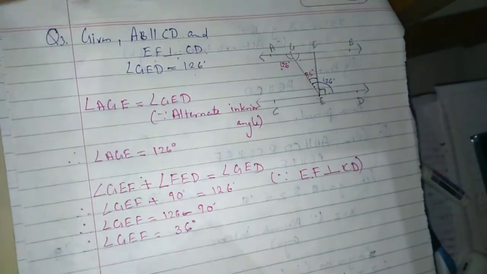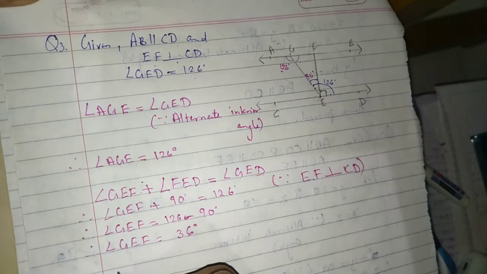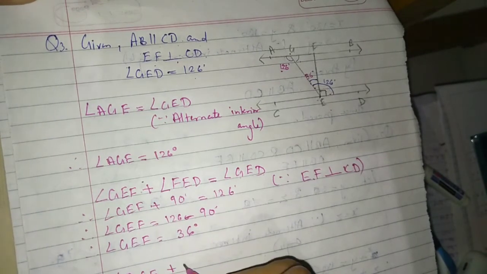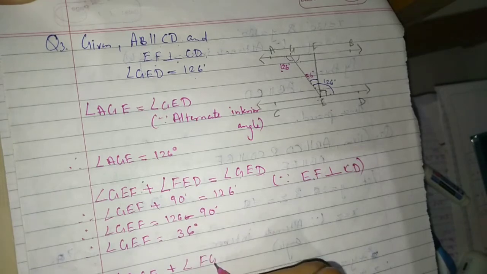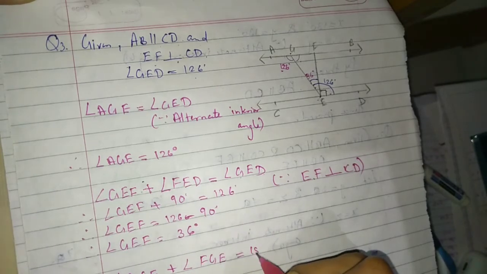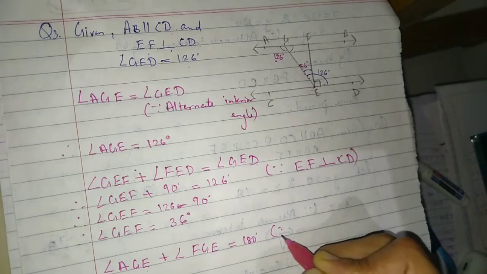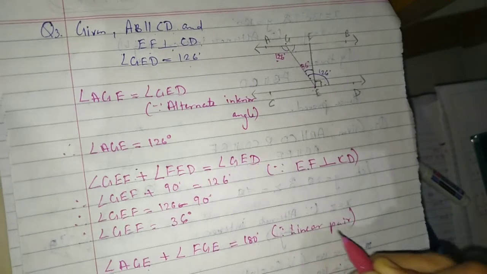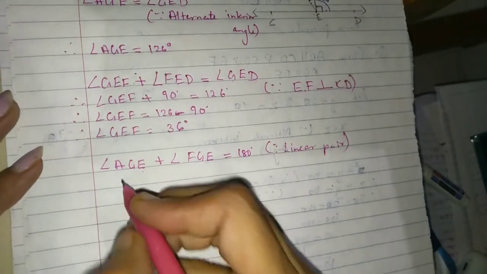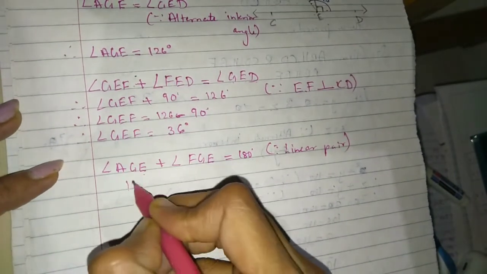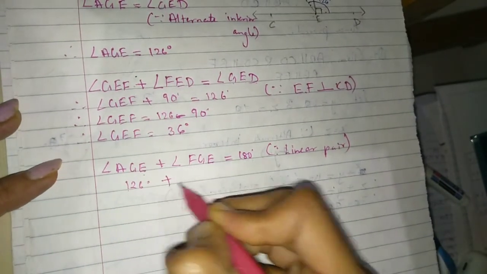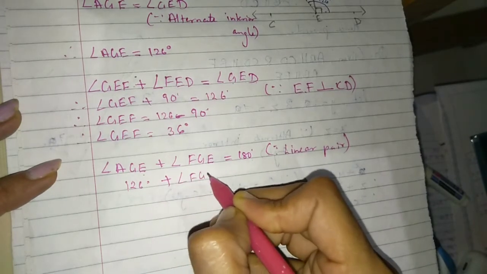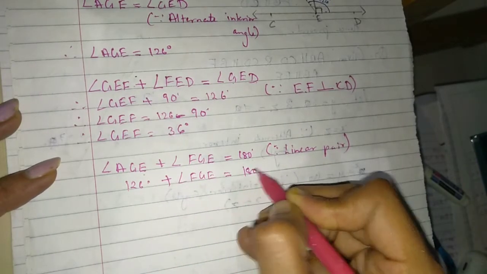So let us write, angle AGE plus angle FGE equal to 180. Why? Linear pair. AGE is 126 degree plus FGE we have to find, equal to 180.